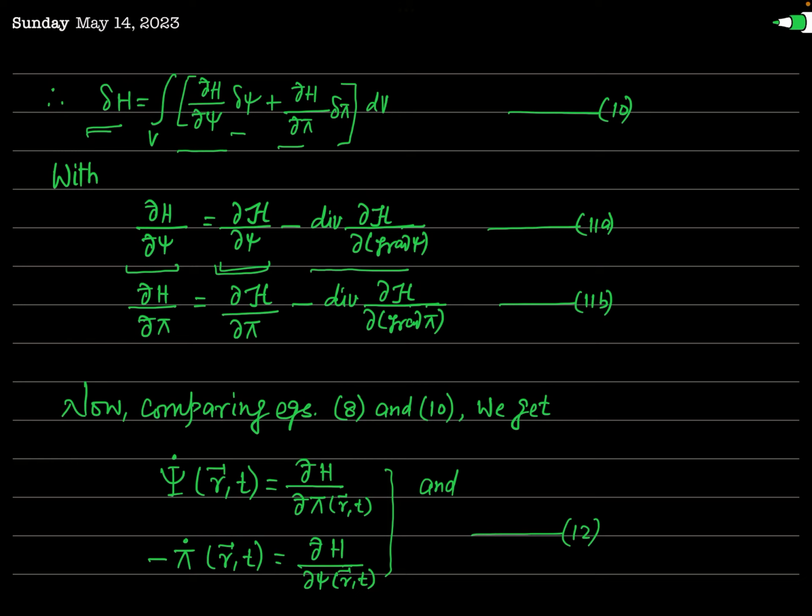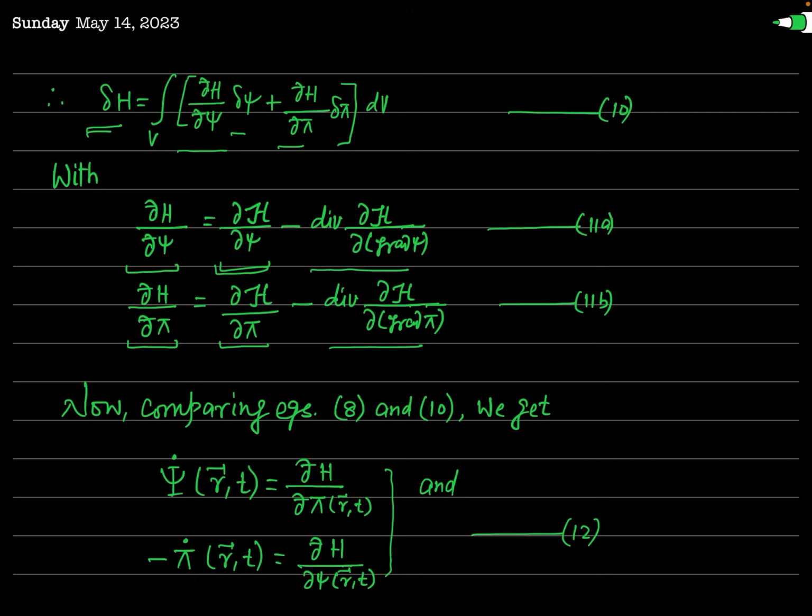Similarly, the functional derivative of Hamiltonian H with respect to pi is given as the partial derivative of the Hamiltonian density with respect to pi, minus the divergence of del curly H by del grad pi. In this way, these two quantities are defined.